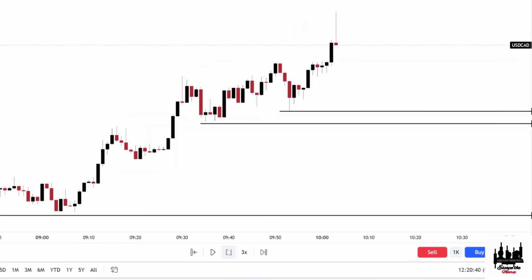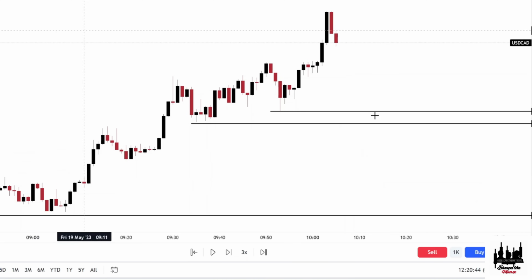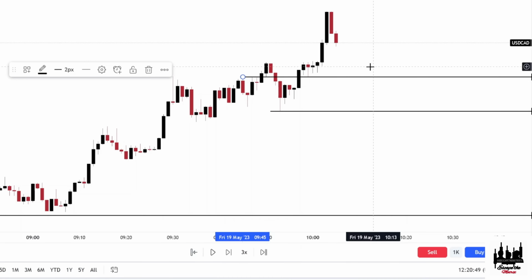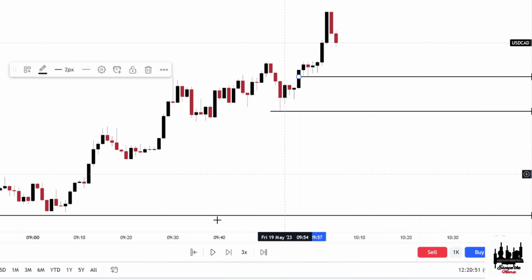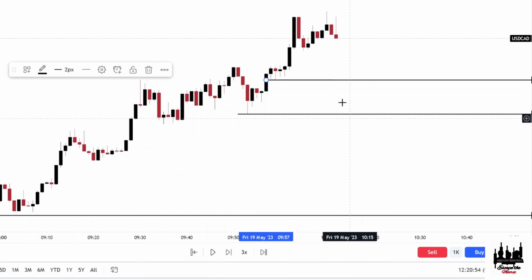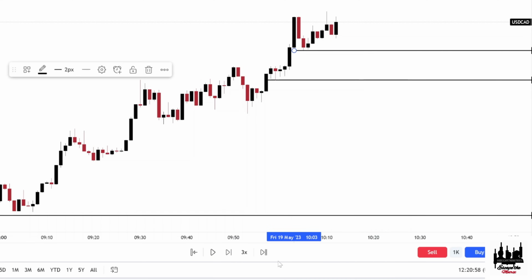So what would you do? You would wait for a hunt. You have a swing right here. Okay. You have a swing right here. What are we waiting for?